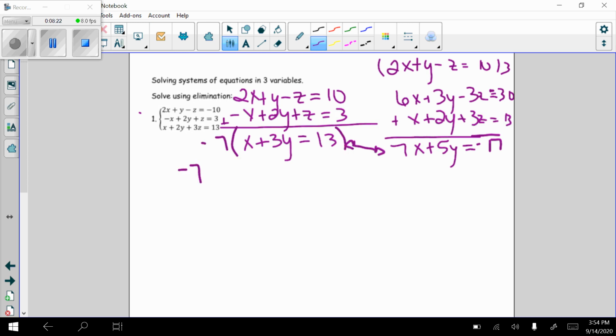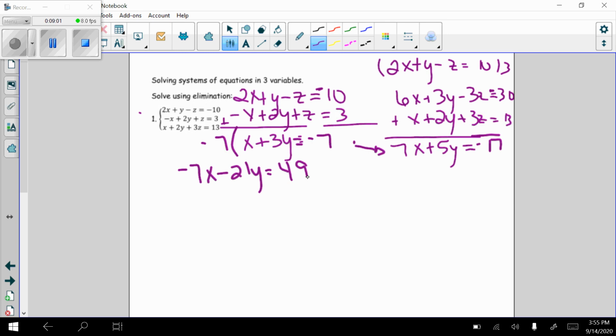So then I get negative 7x minus 21y equals 7 times 13 equals 91. Oh, I made that same mistake there. This was a negative 10. So this is going to be a negative 7. Okay, so this is going to be now positive 49.